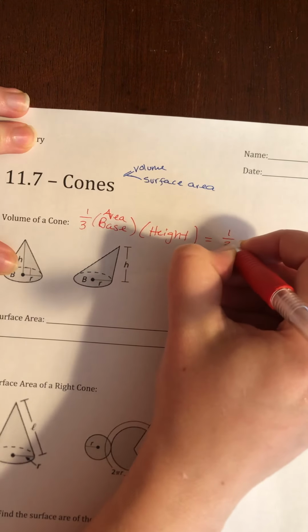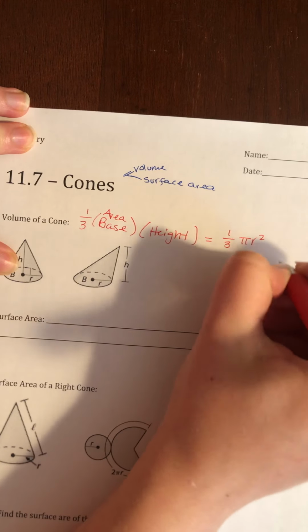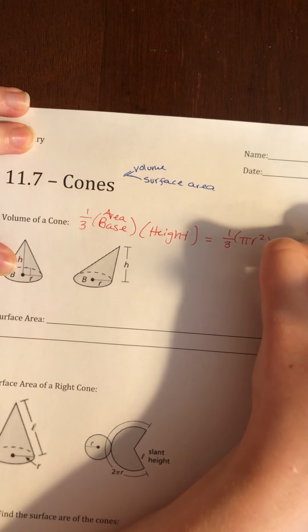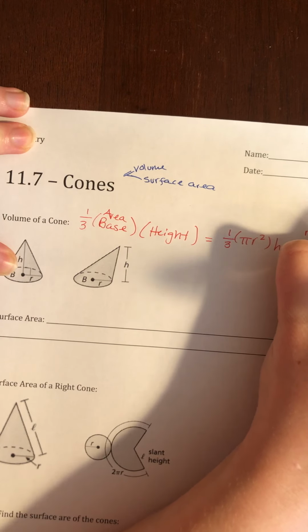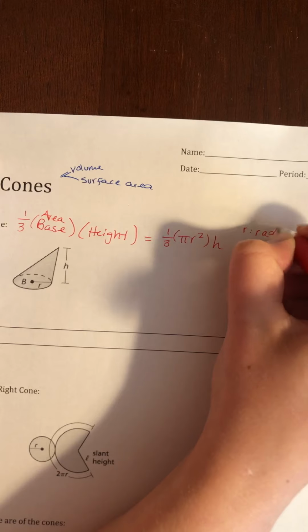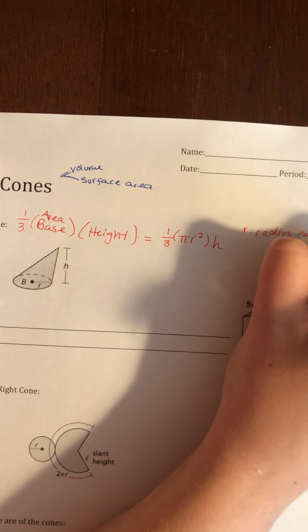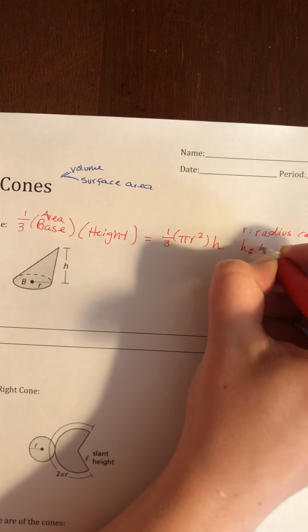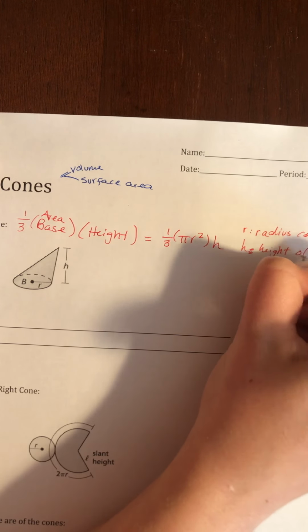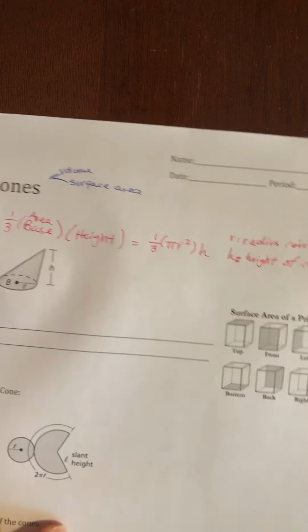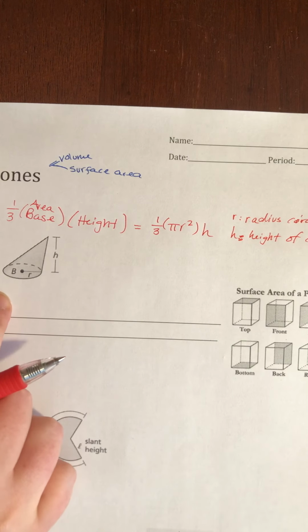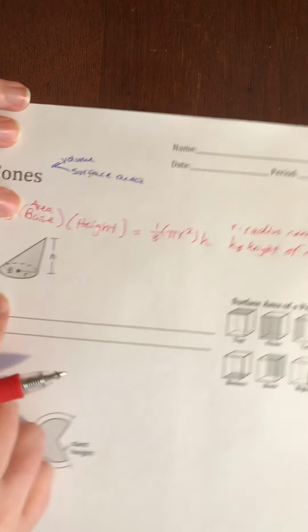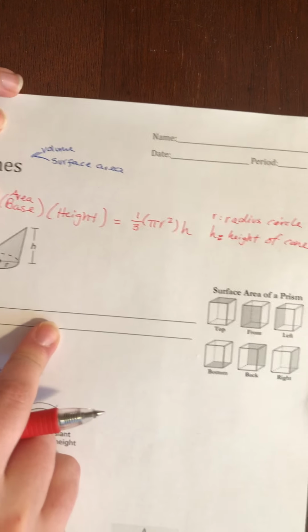So essentially it is 1/3 pi r squared, which is the area of a circle, times h, where r is the radius of the circle and h is the height of the cone. So the volume is just the base times the height, 1/3 of that.